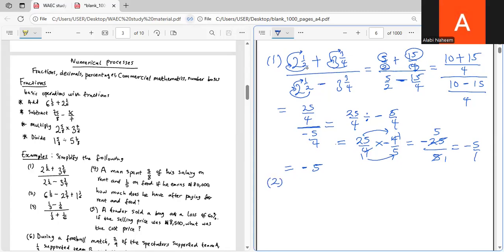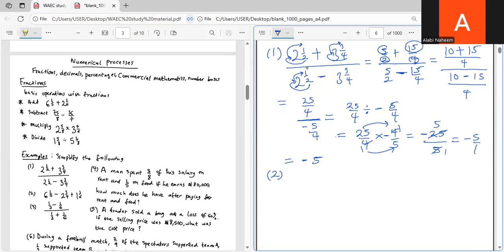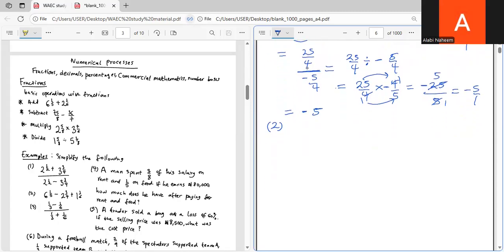Second question, we also want to simplify. We want to simplify 6 whole number 1 over 5 minus 2 whole number 3 over 4 plus 1 whole number 1 over 6. Right? So we can see we have 3 mixed numbers. So what we do is we convert each mixed number to an improper fraction.